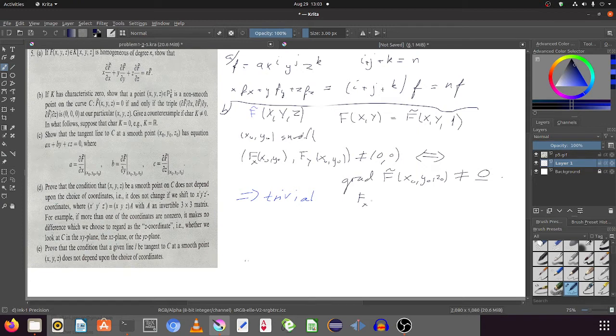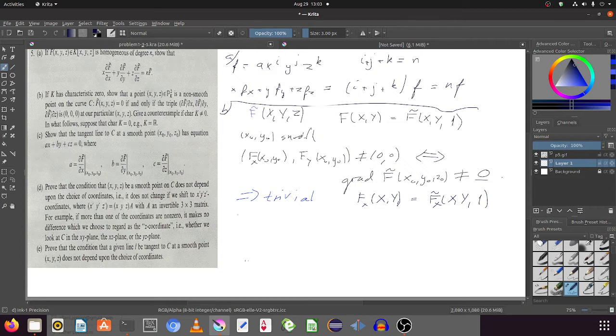Because fx equals just f tilde x. So it's the other way that's interesting.